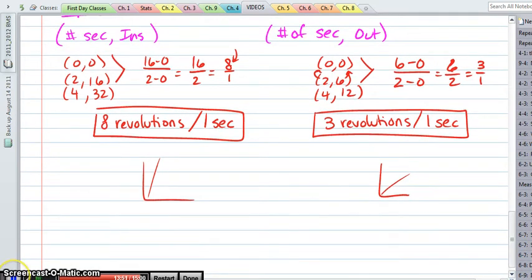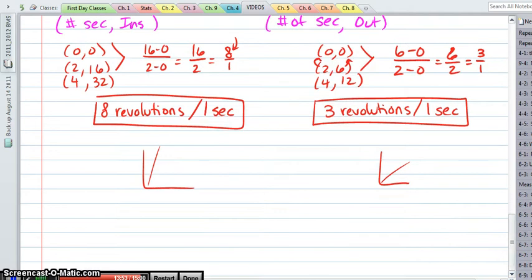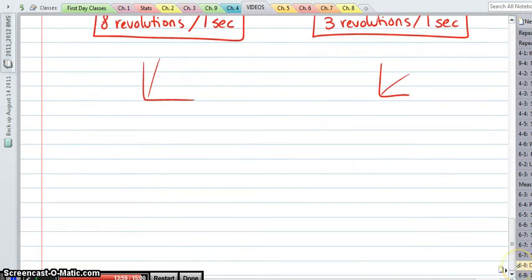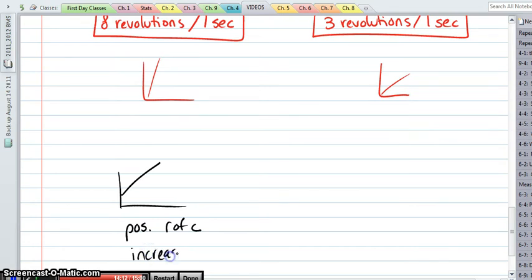Okay, I think there's only one other piece I'd like to touch on before class. Just a quick concept summary of the rate of change, just in general. And I'm going to sketch a couple of graphs here. Okay, when you have something like this, it is a positive rate of change, and it represents an increase. That makes sense.